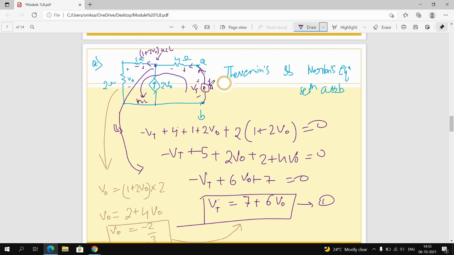For this question I take a 1 ampere source, which is quite easy for me, because when I take a 1 ampere source, this current is already going into this branch, and there is already a voltage dependent current source available. So it is easy to apply KCL here, and once you get this, you can apply KVL here.